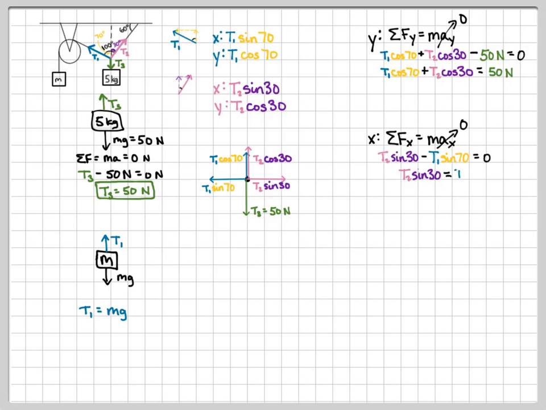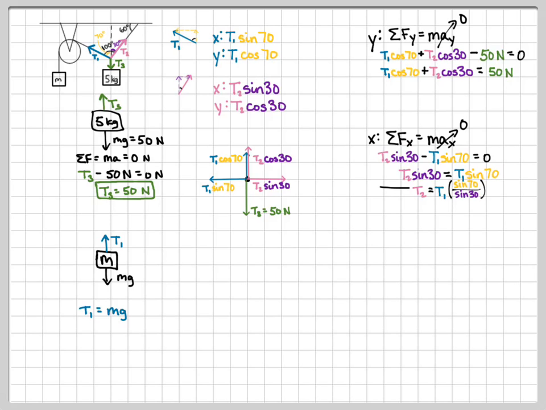T2 sine 30 is equal to T1 sine 70. So once again, we want to get T2 in terms of T1. We want to get T2 by itself, so we can plug it into our first equation. So T2 is equal to T1 sine of 70 divided by sine of 30.